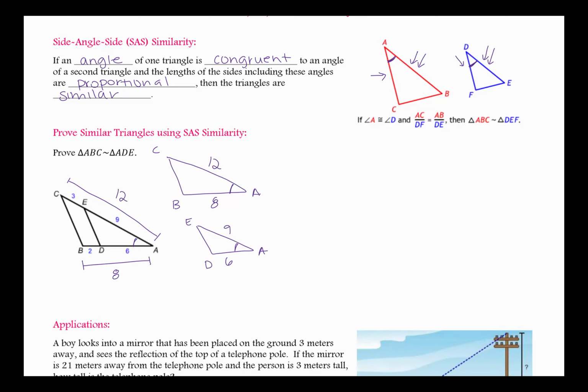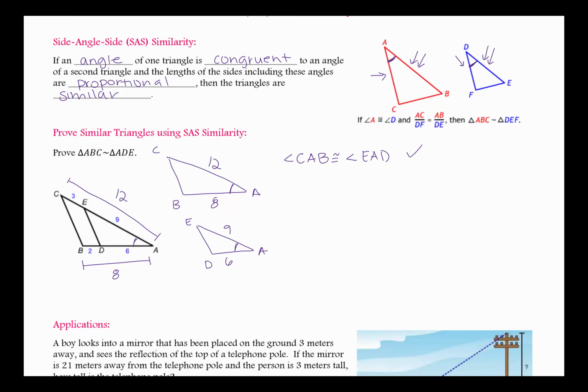So I have enough information to look at angle side similarity. I know that angle CAB is congruent to, and if you remember, congruent has the squiggle line on top and then an equal sign, angle EAD. So I have my angle already, and now we have to look at our sides.